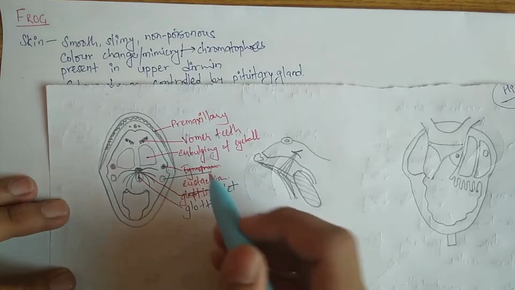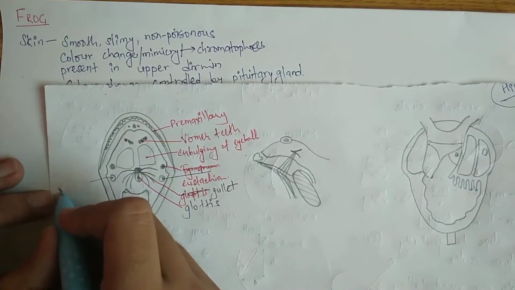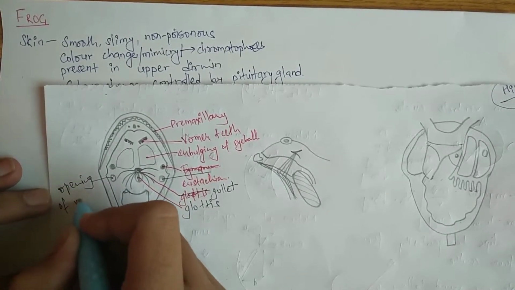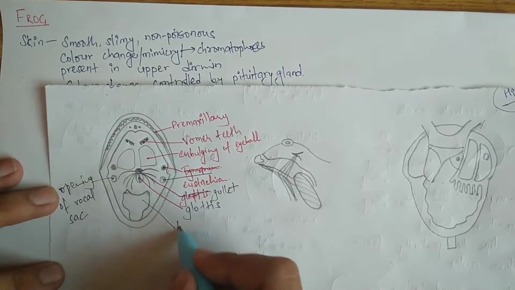Well, I forgot to tell you about this. This is the opening of the vocal sac. And this is the bifid tongue.